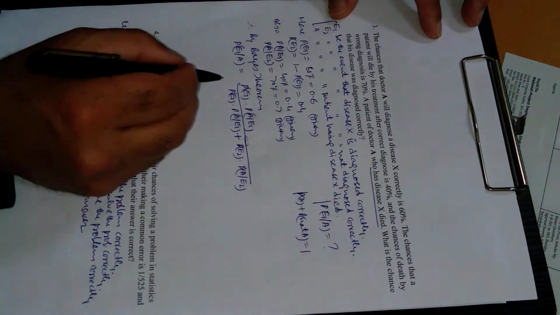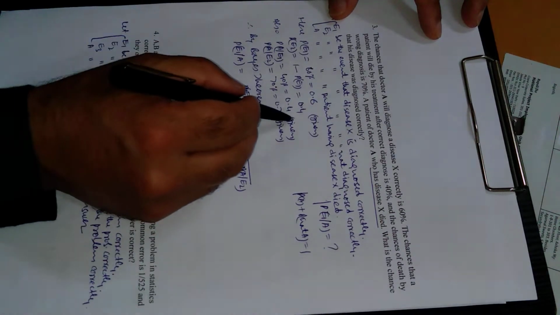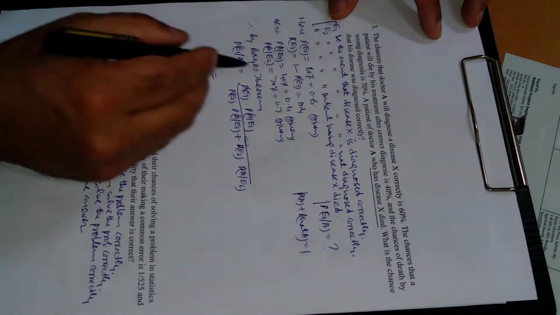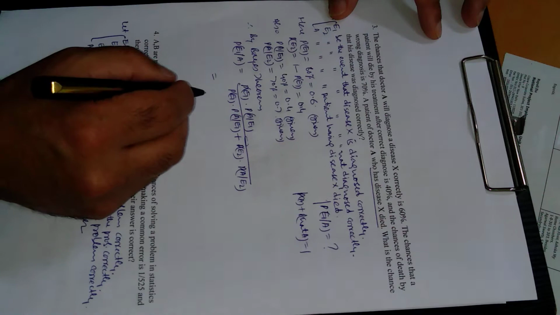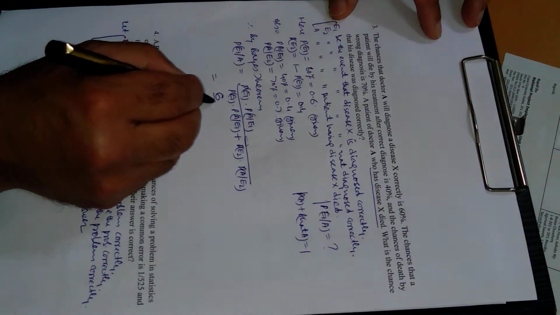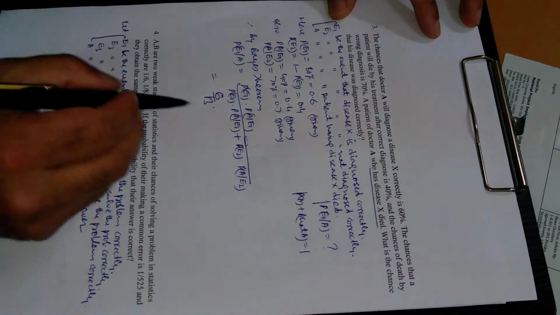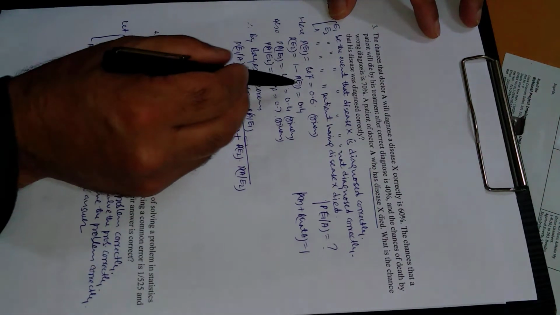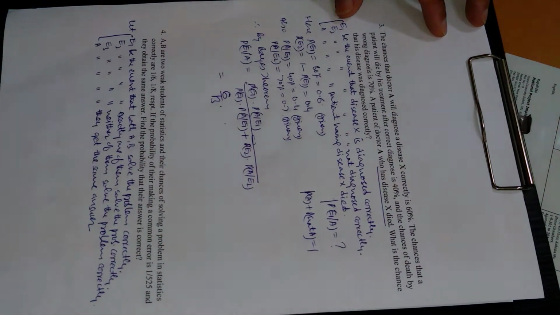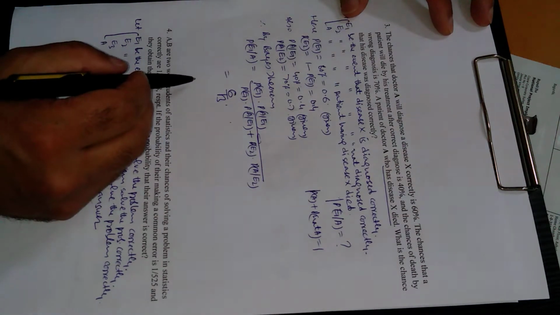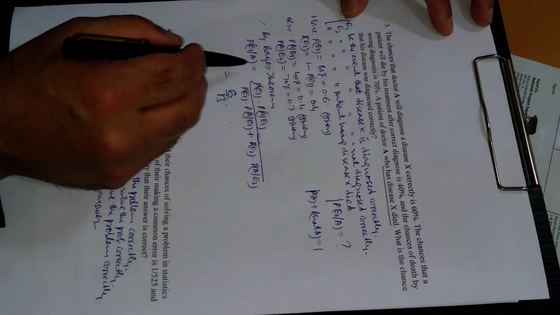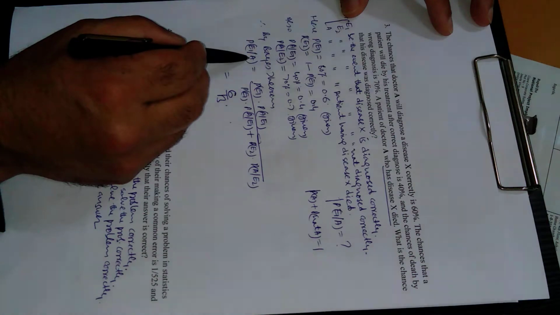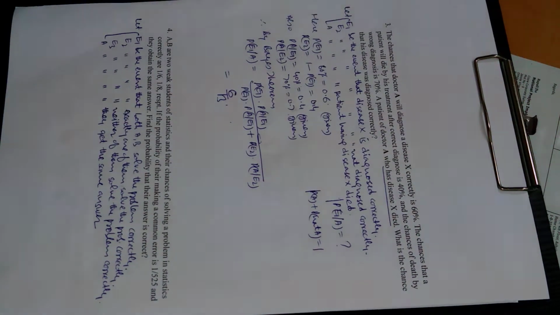There will be only two terms in the denominator. Now just substitute the values of all these probabilities, and this will come out to be 6 upon 13. It is a simple calculation. This is the probability that the patient's disease was diagnosed correctly and the patient had died.